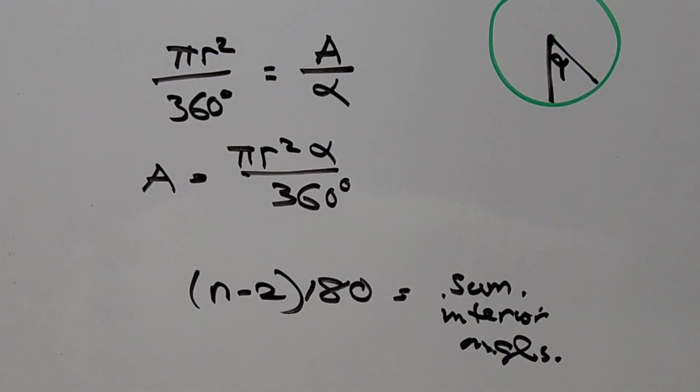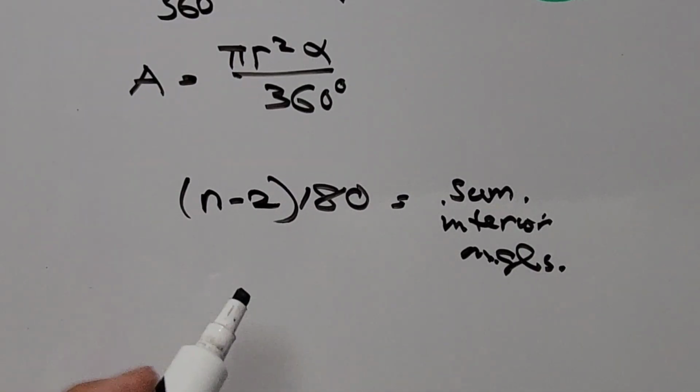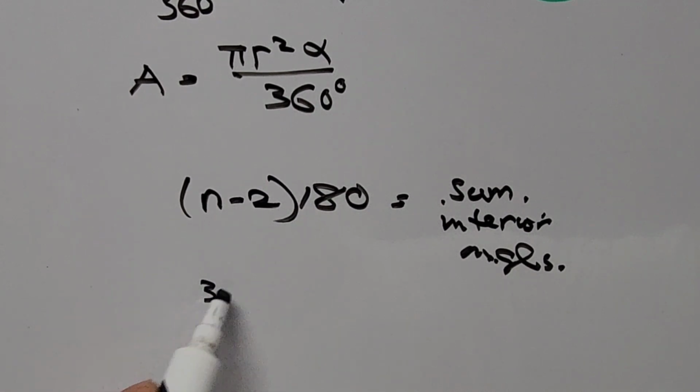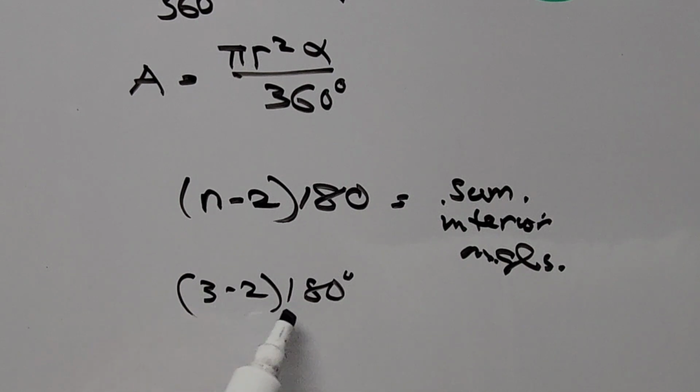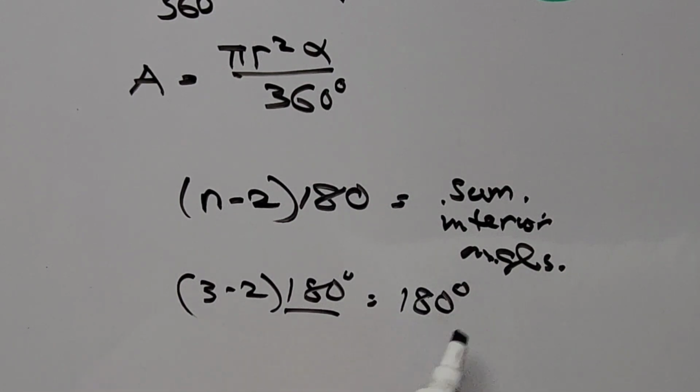Since we have an equilateral triangle, we have 3 sides. N is 3, so that is 3 minus 2 times 180 degrees. So 3 minus 2 is 1, times 180, that's 180 degrees. So we have here the sum of interior angles.